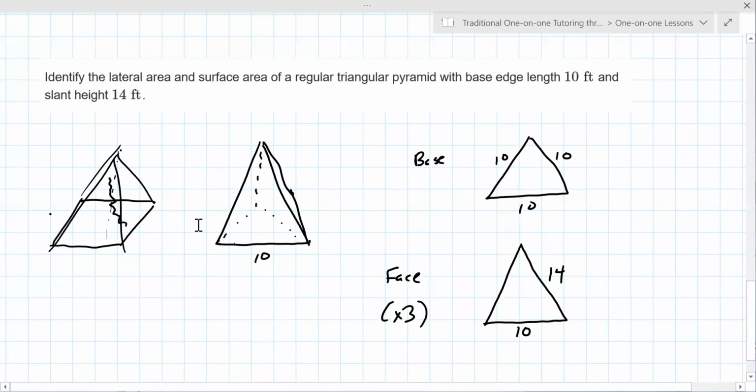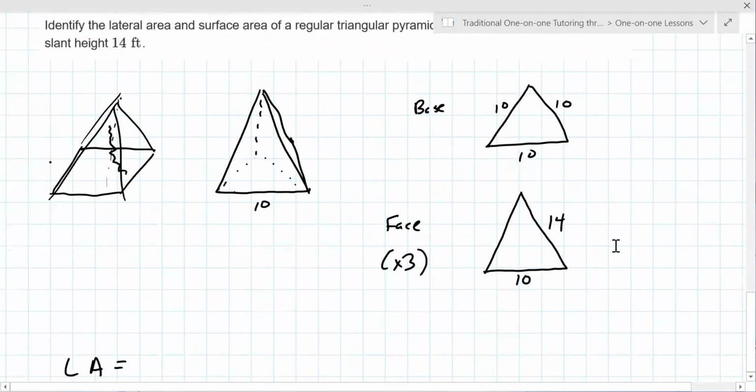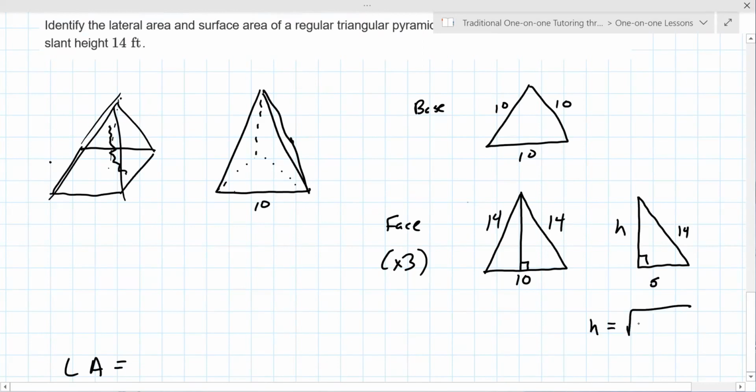Okay, so back to we have to find the area of this triangle. The other side is 14 as well. So if I draw an altitude, you get the following triangle. You get 5 and 14. And the height here is the square root of 14 squared minus 25.